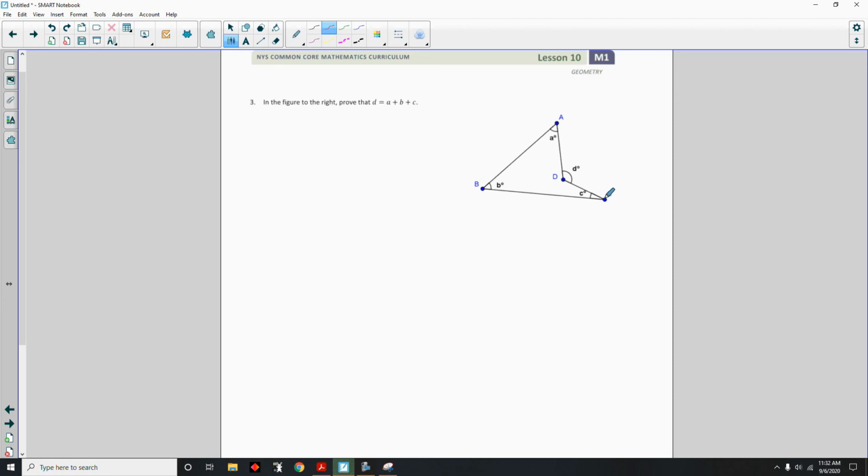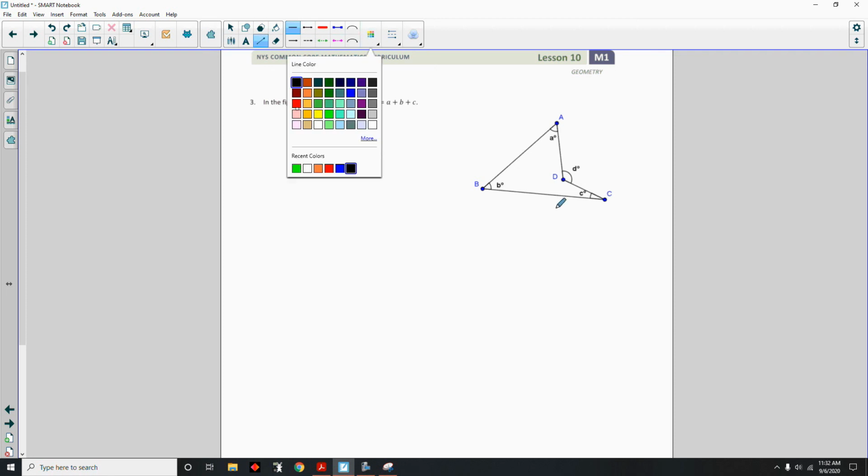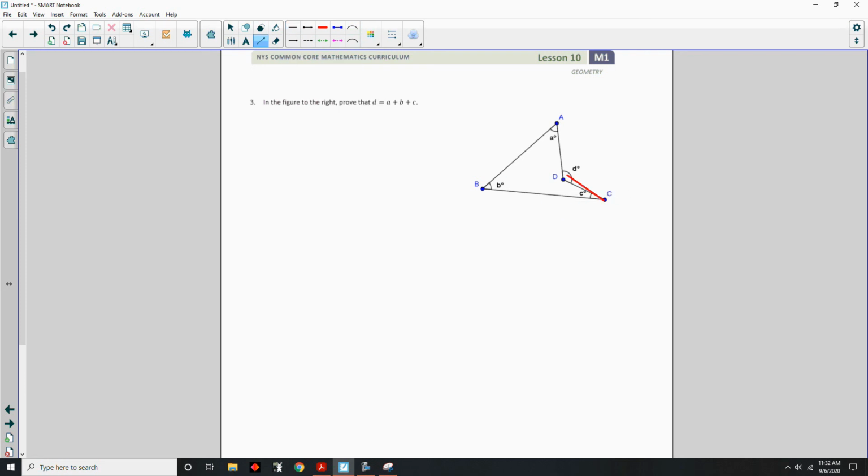Always look for triangles. If I focus on one of these sides, like right here, and I extend it, so there's segment CD. If I extend that out to this edge, like so, then I form a triangle. Actually, two triangles. And that can be helpful.